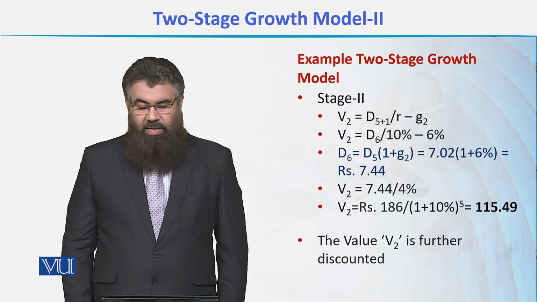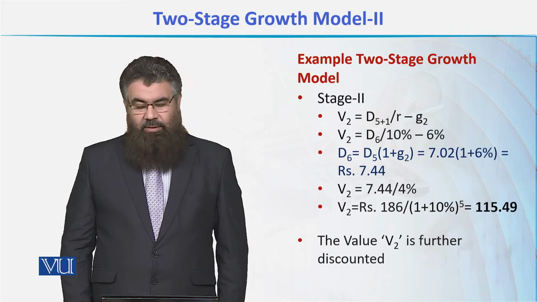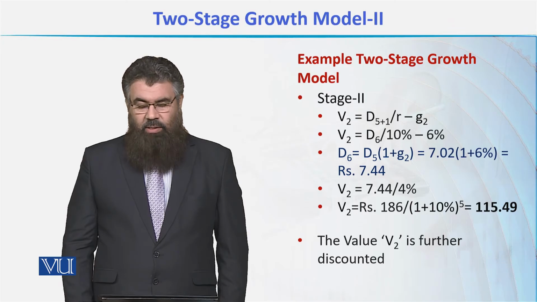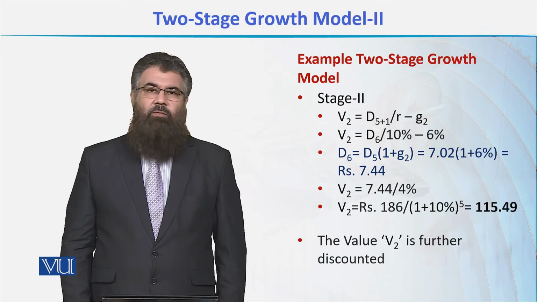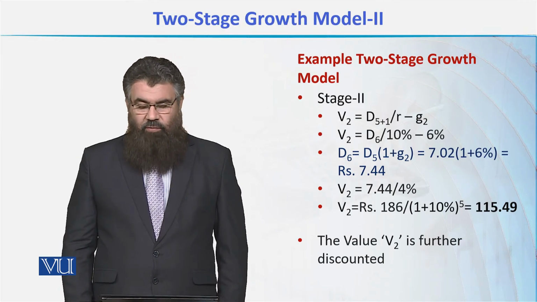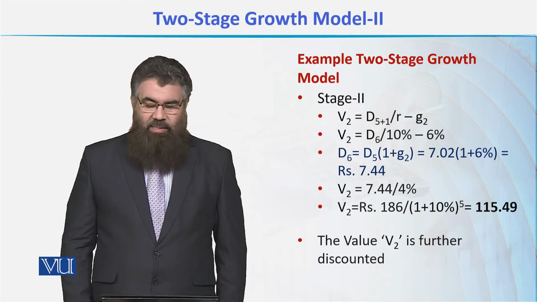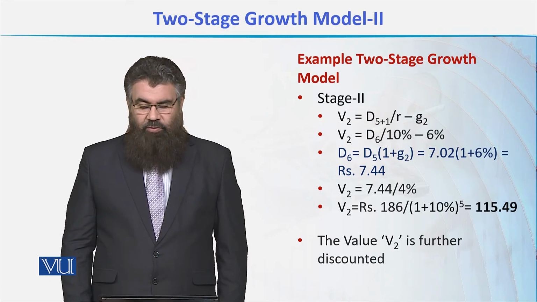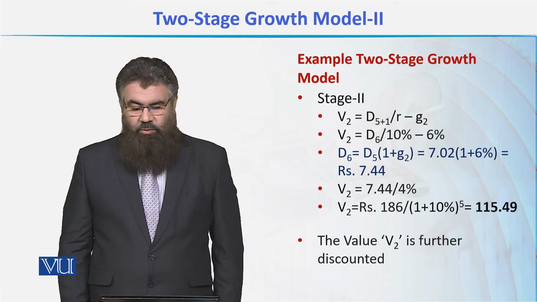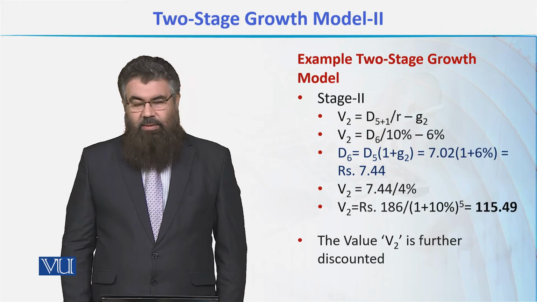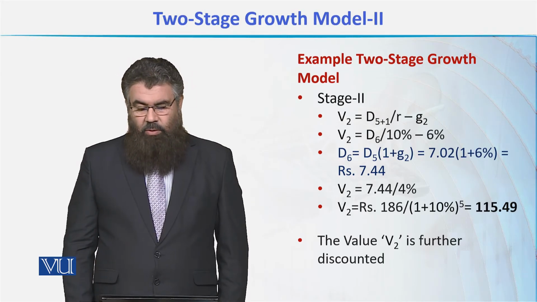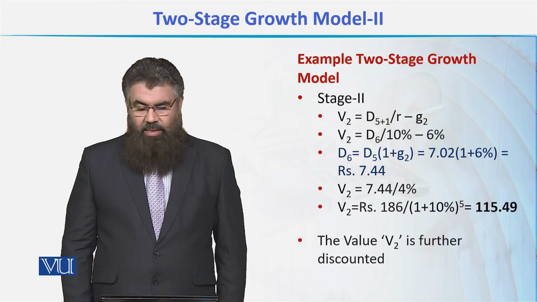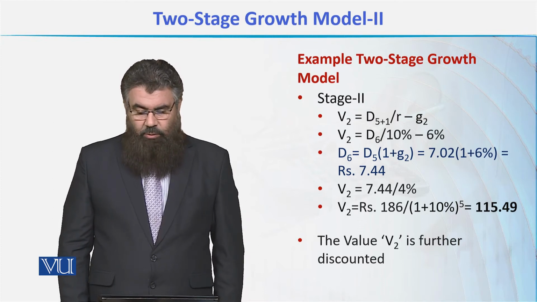So D6 will be calculated by taking the future value of D5, and that will be 7.02 into 1 plus 6%, that is 7.44. तो 7.44 6th ईयर का एक्सपेक्टेड डिविडेंड है, जिसे हम 4% से डिवाइड करेंगे, जो कि 10 माइनस 6% का आंसर है. एंड एज अ रिजल्ट वी गेट अ वैल्यू ऑफ 186 rupees.